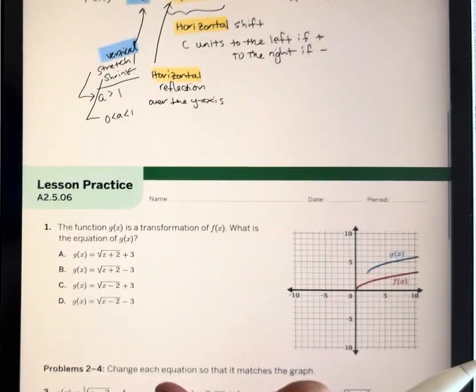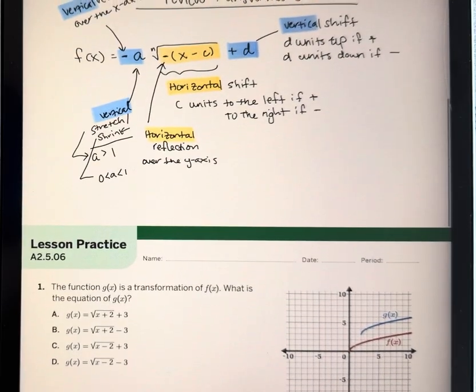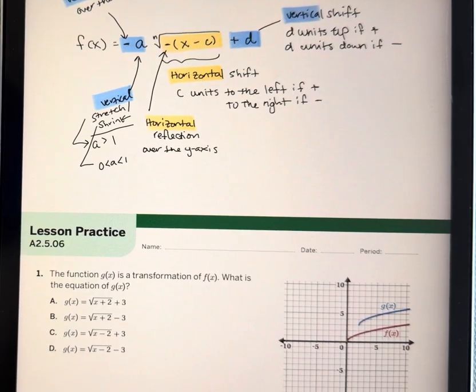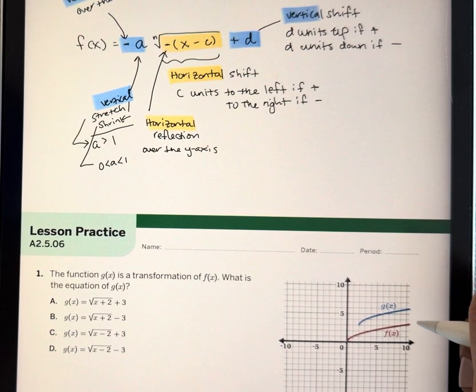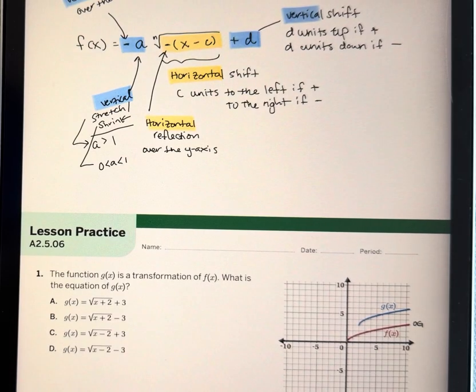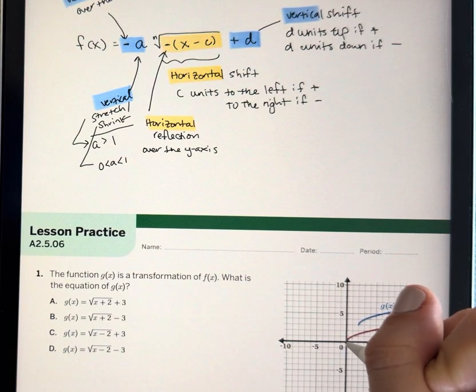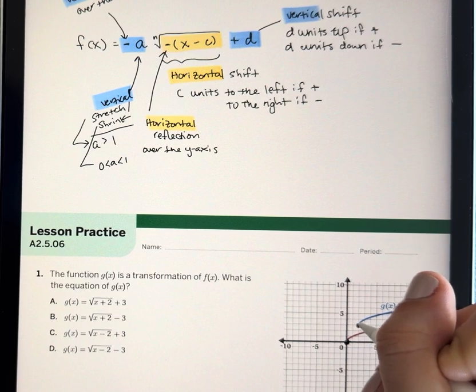The function, should we keep it so we could see it? At least for the first one. The function g of x is a transformation of f of x. What is the equation of g of x? So we want to look at f of x. That's our original one. And I like to look at where it starts.